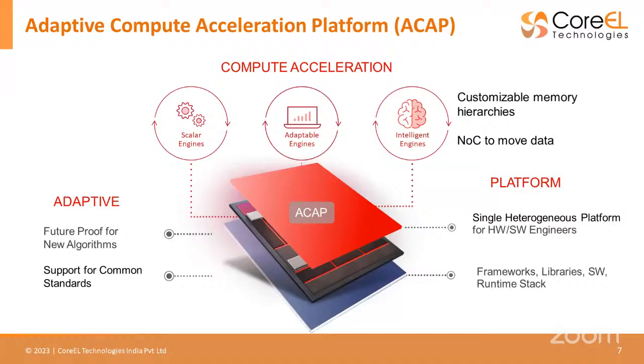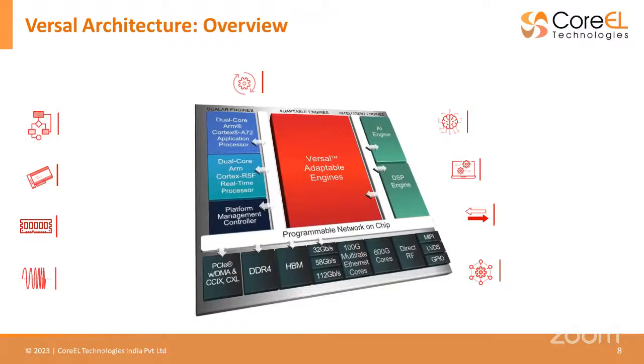So what is happening here is, you have the three different engines, so you have your scalar engines, that is going to be your processor and management units, and the adaptable engines, which is essentially your FPGA.